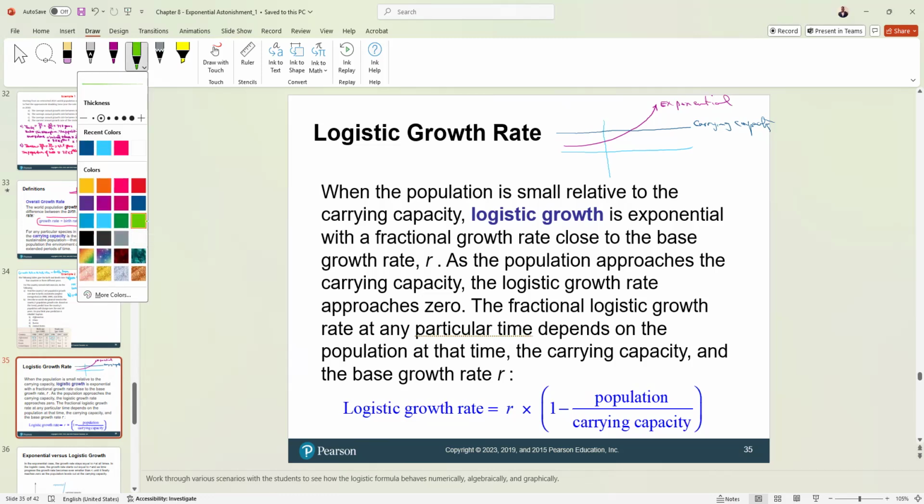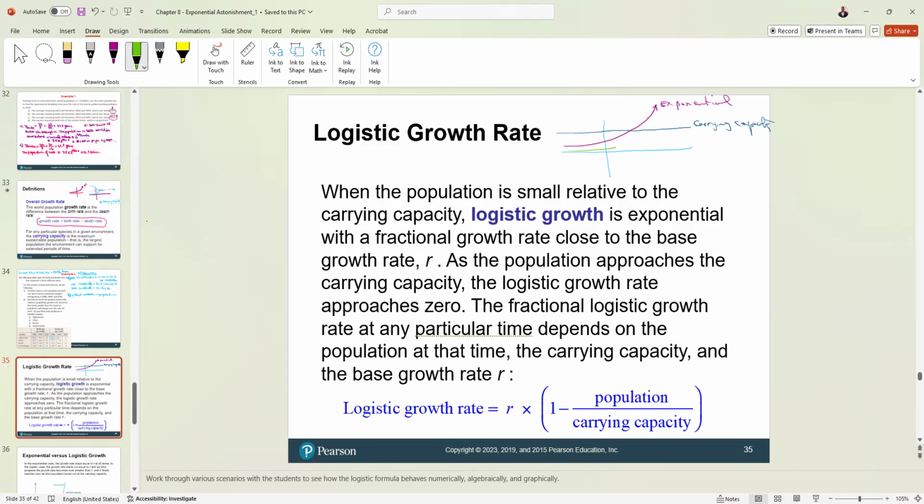That's the logistic growth. We don't overlap the carrying capacity.